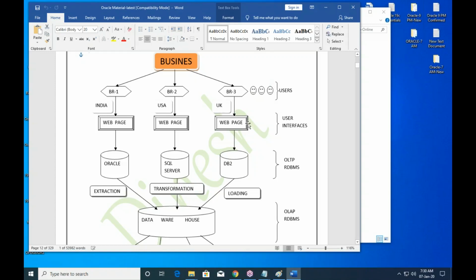Everyone interacts with the business through a web page. Yes, we can do some transactions through the web page. Suppose you make any transaction in the web page, the transaction information is saved in backend database servers.